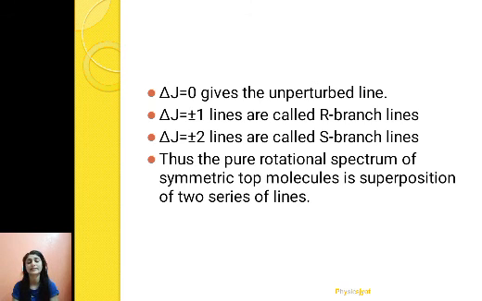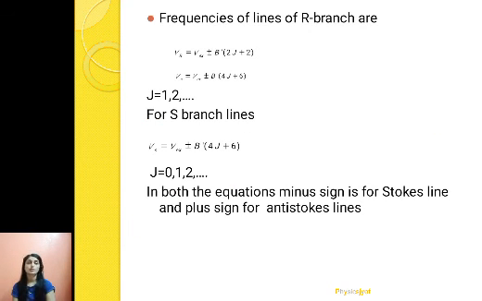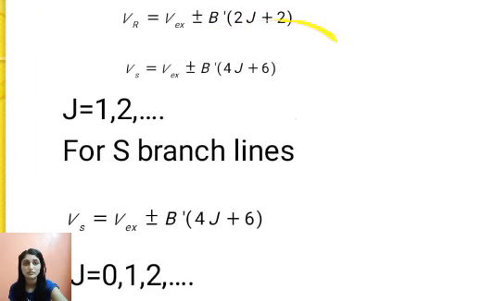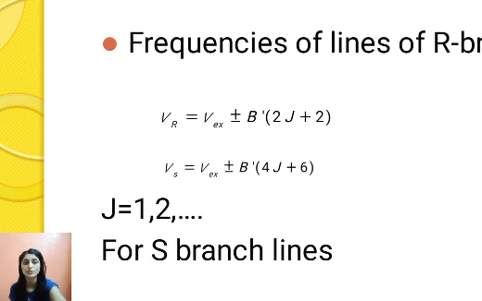So when we study the pure rotational Raman spectrum of symmetric top molecules, it is basically a superposition of two series of lines, R branch lines and S branch lines. If we calculate the frequencies of R branch lines, you will get nu R equals nu excitation plus minus B dash 2J plus 2.